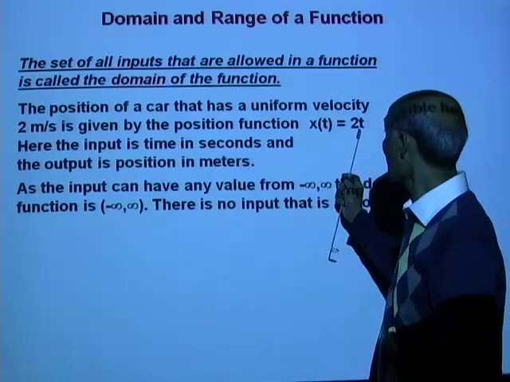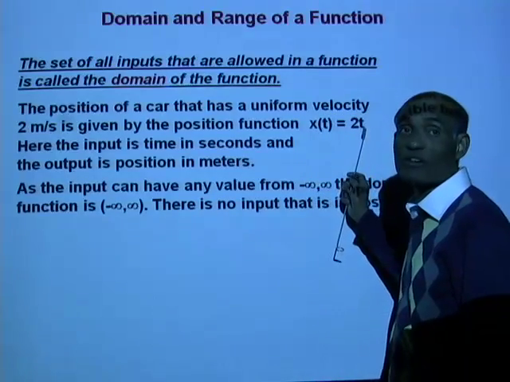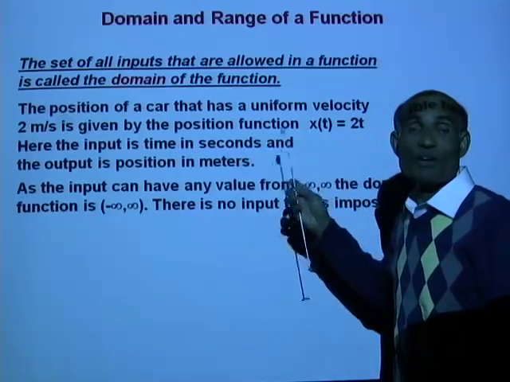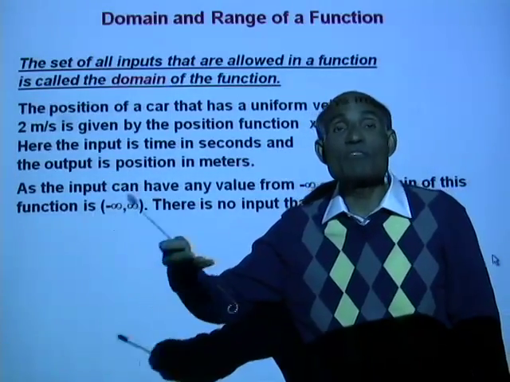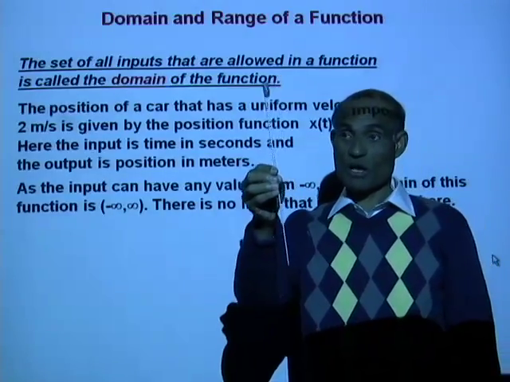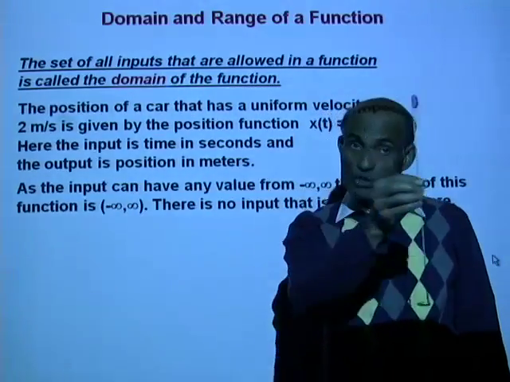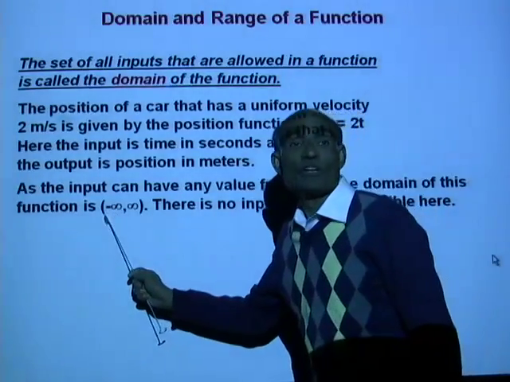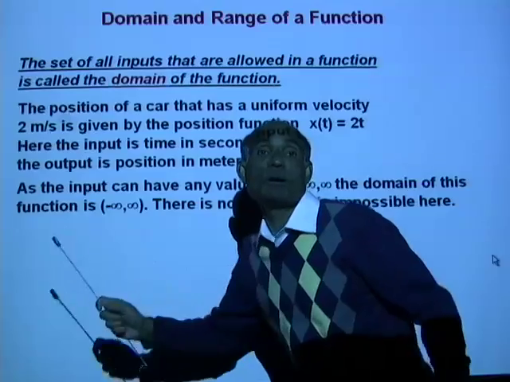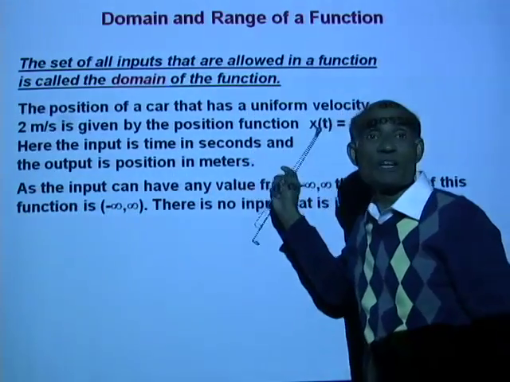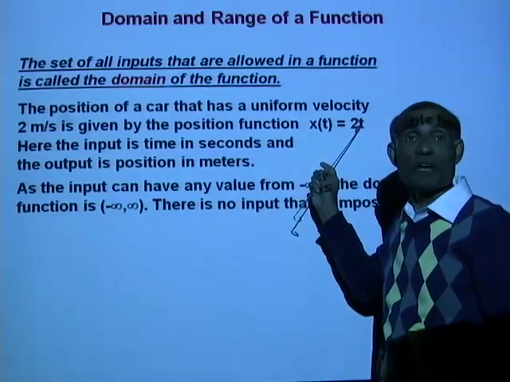When t equal to 5, x equal to 10. When t equal to negative 5, x equal to negative 10 meters. So the position of a car can be positive x or negative x. That's right. So you can actually take any number from negative infinity to positive infinity as an input here.